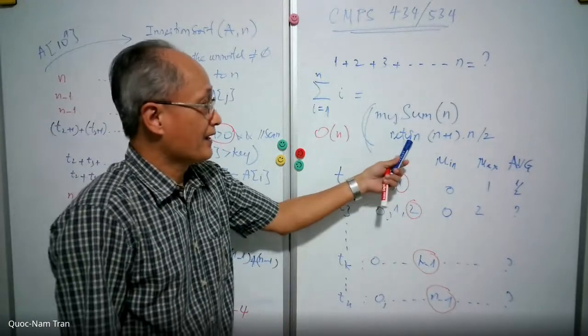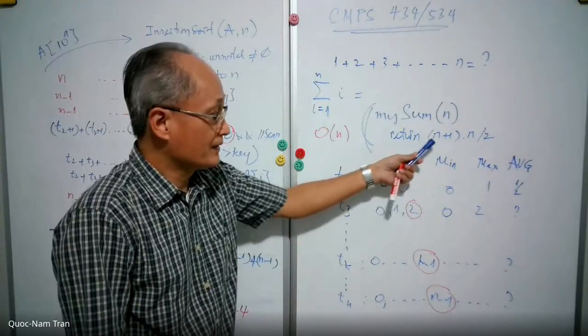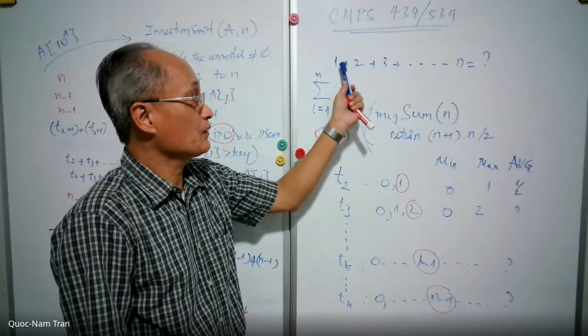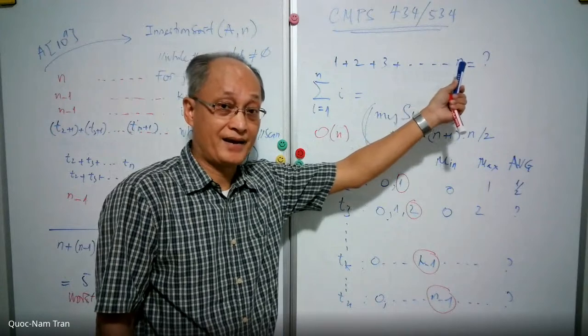Now this value is the same as when you add 1 to 2 to n.